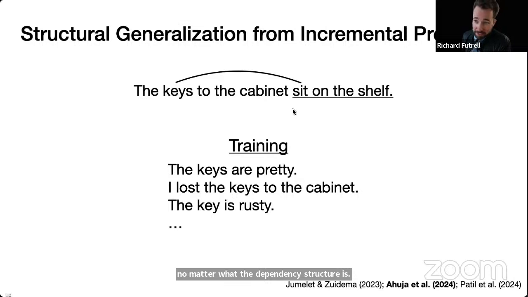But that would not be the right generalization for language. What you would hope for is that even if you train on data like this, you would still end up with a generalization where the form of a verb depends on the syntactic subject of that verb.